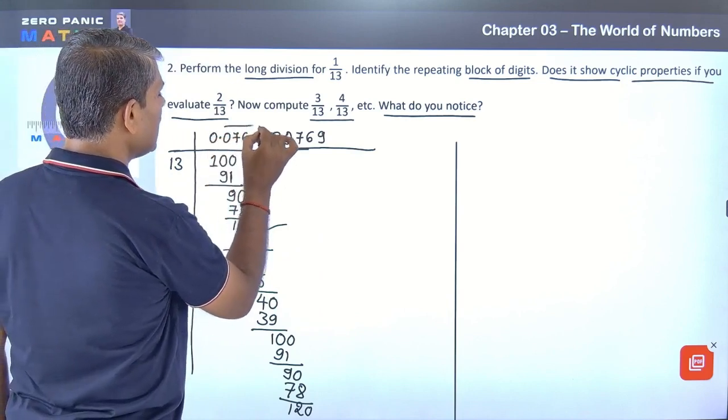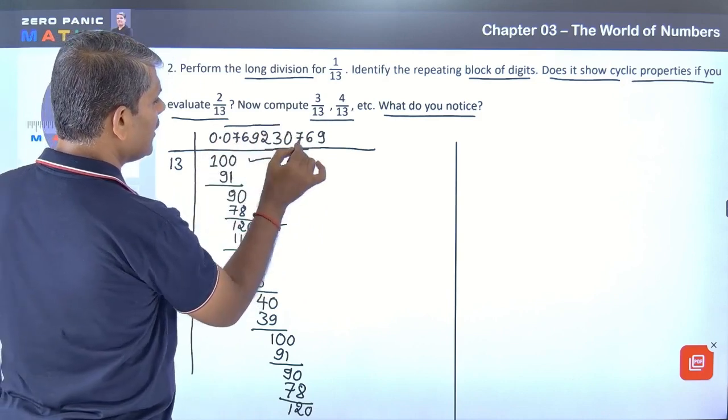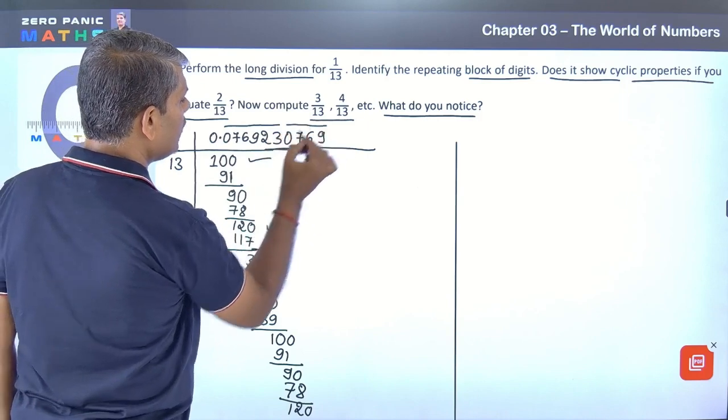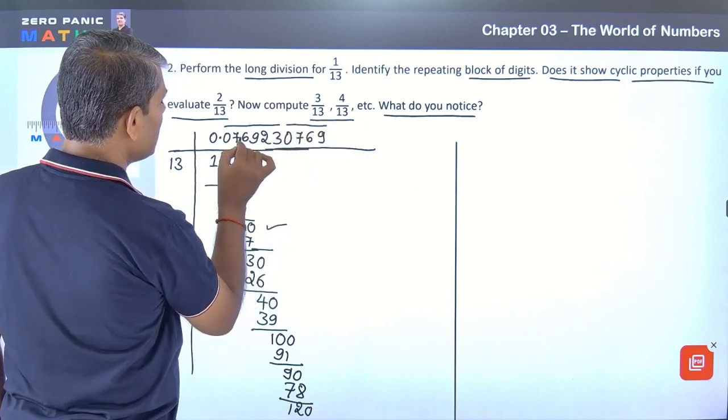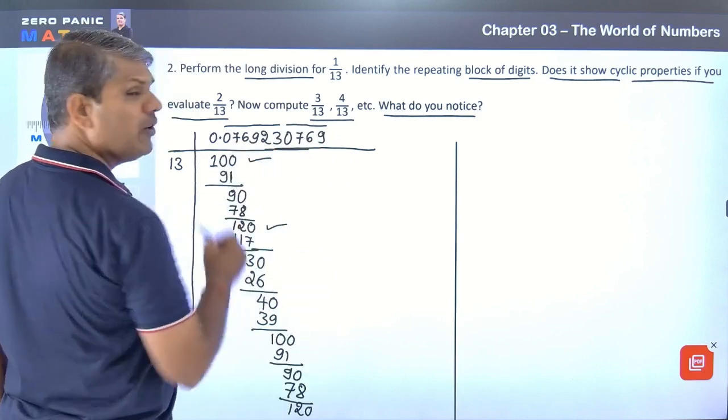You can see that these are the digits. 0.07 here also, from here. If you see that 0, 7, 6, 9, 2, 3. You understood this?